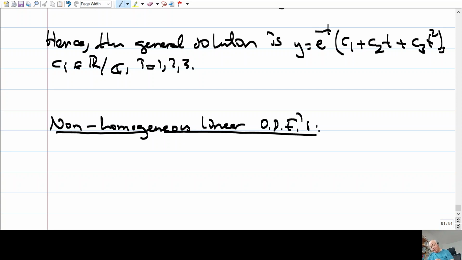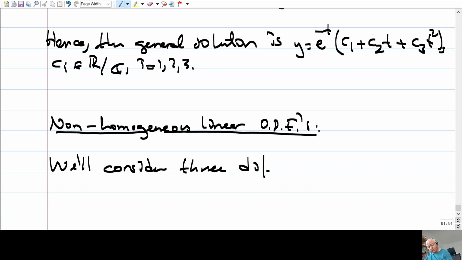We will consider three different methods. One of them is reduction of order.